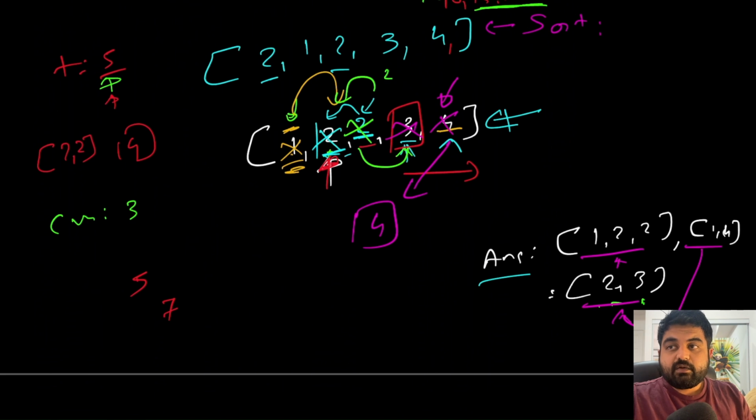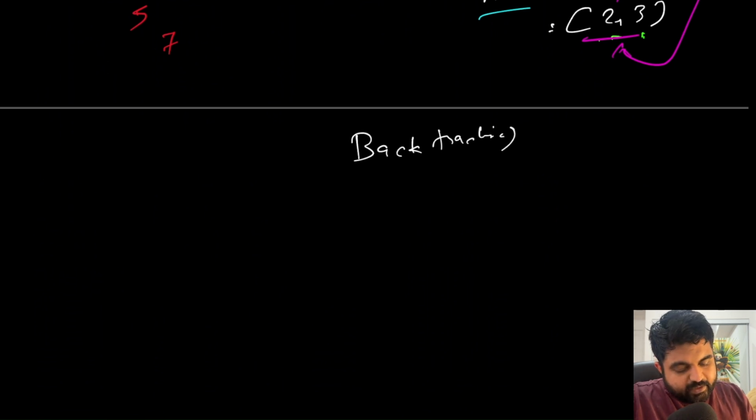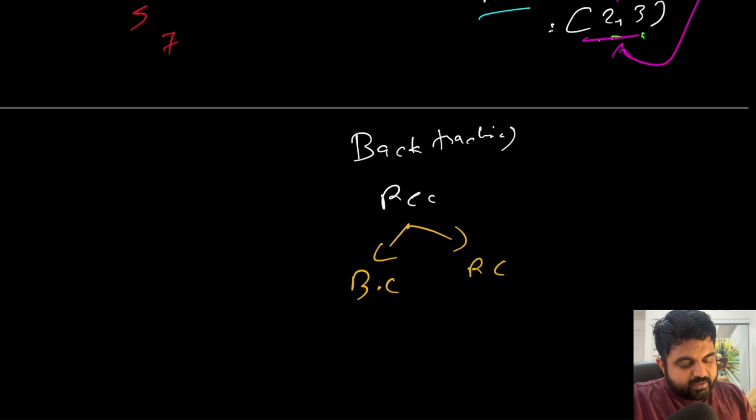So now let's do a quick recap. What we did, we calculated what the backtracking function was, and we also calculated what is going to be a recursive approach. For a recursive approach, we need two items. We need a base case and we need a recursive call or recursive function.